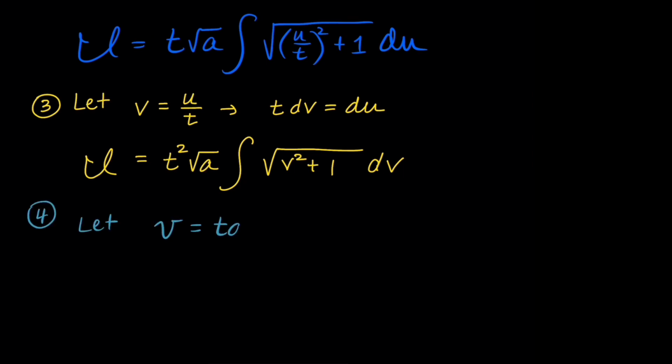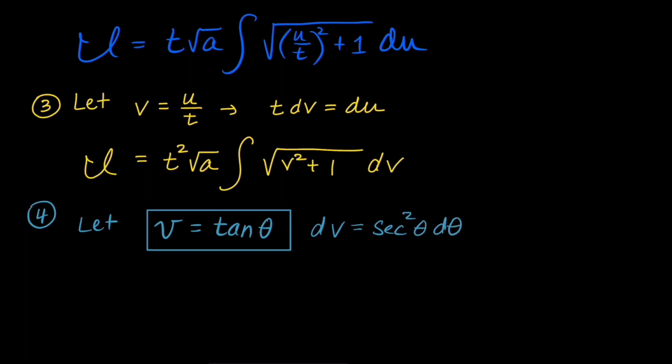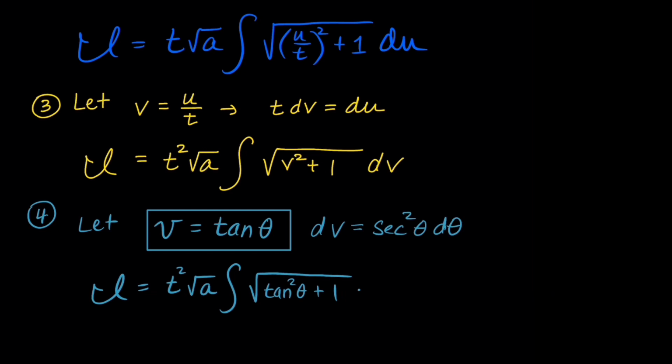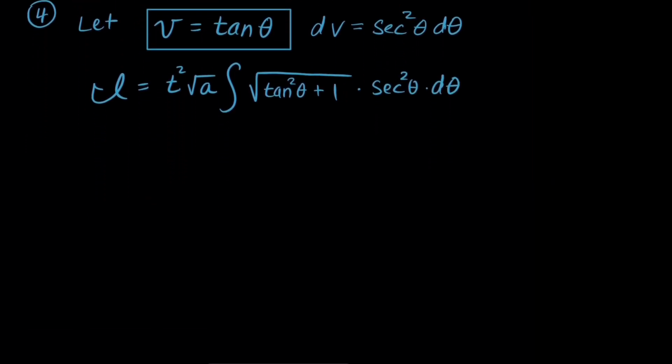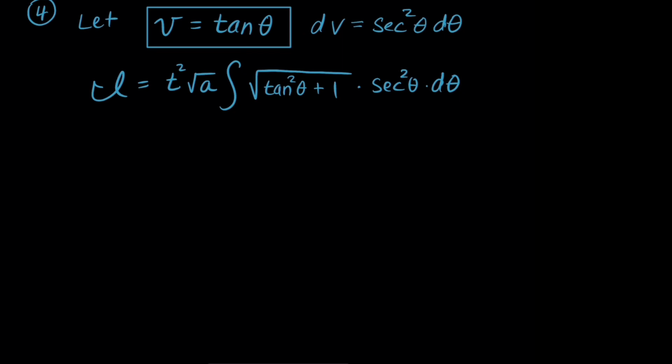Now the next step is a trigonometric substitution by letting v equal the tangent of theta. That would make dv equal to the secant squared theta d theta. And with this substitution, we get the integral to be t squared, square root of a, integral of the square root of tan squared theta plus 1 secant squared theta d theta.